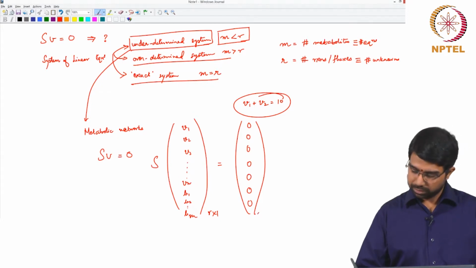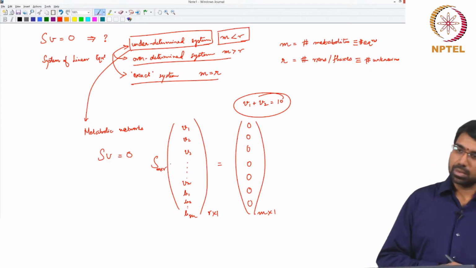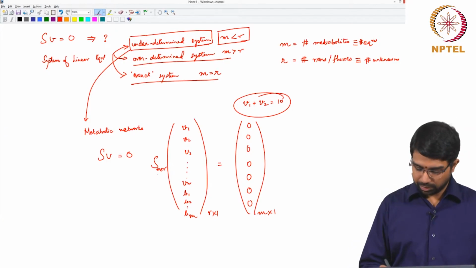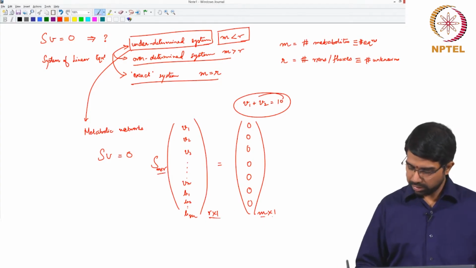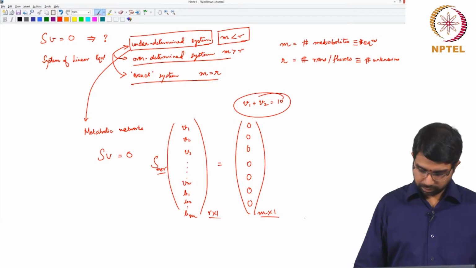M plus 1. Right. So, this is going to be M cross R, this is R cross 1, this is M cross 1. Clear?